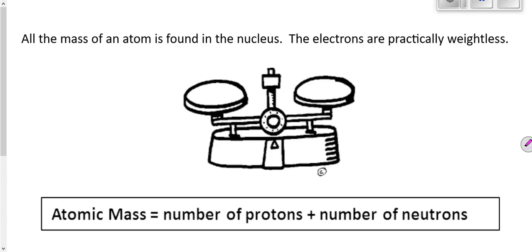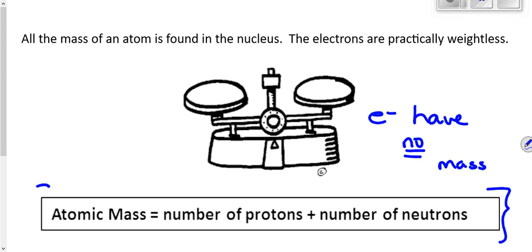And that's accounting for all of the weight, the mass of the atom. So if I were to put an atom on a scale and measure how heavy it would be, its mass, what the scale, a very special tiny scale, would be measuring is how many protons and neutrons I have. Remember, electrons have no mass. And because they have no mass, all of the mass that scale would show would come from my protons and my neutrons.